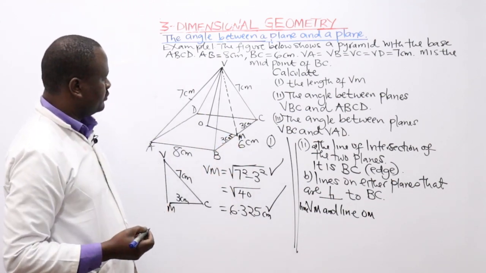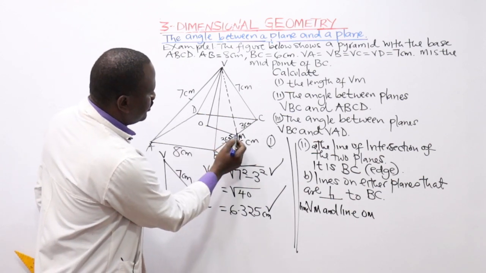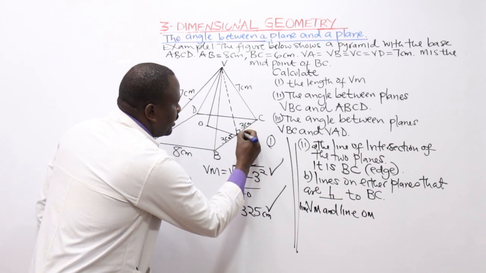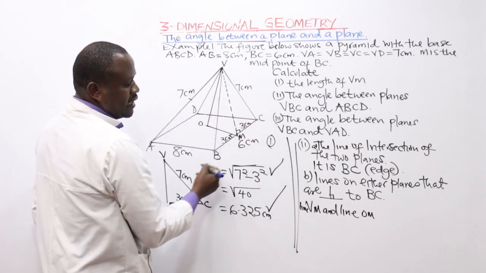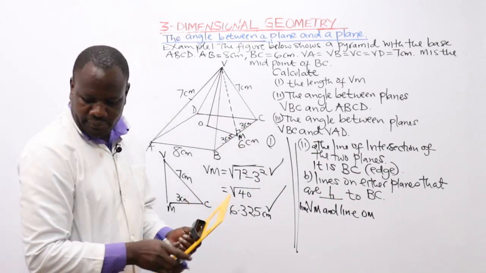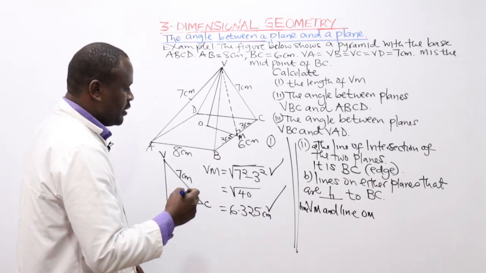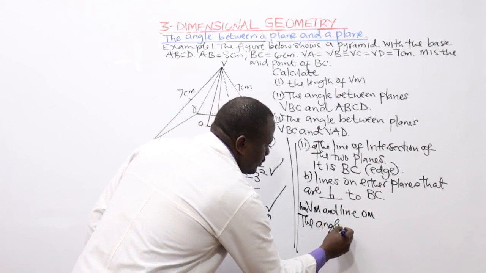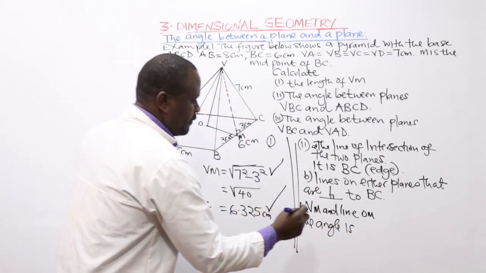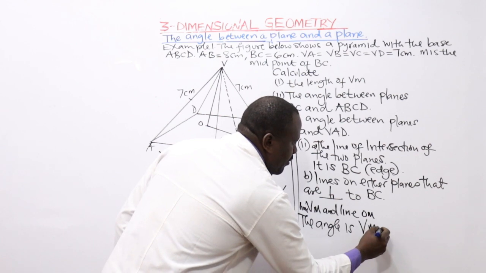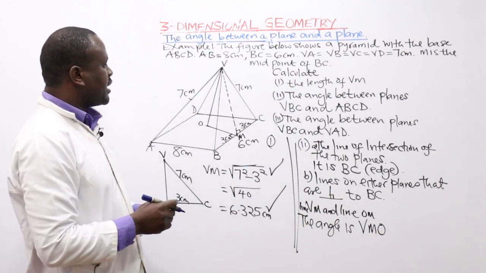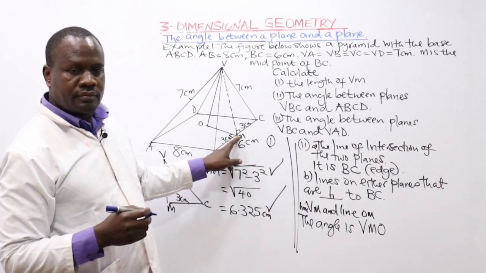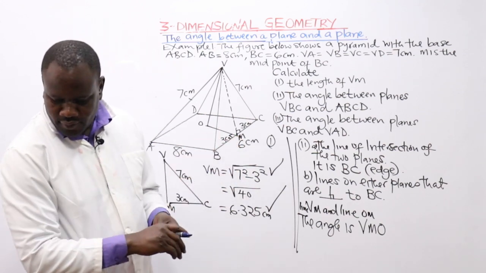You can see this angle is 90 and this one here is 90 with this line. Therefore, we say the angle is VMO. In fact, they intersect at M, at point M. So the angle is VMO.